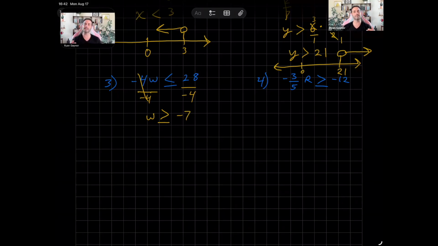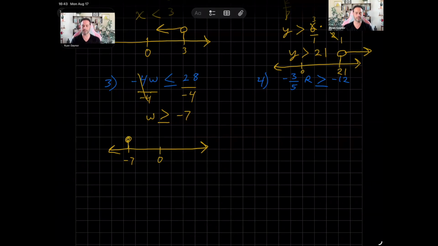So I'll say that again. If we're dividing by a negative, that means that the sign of the original number is going to change, which means the symbol, the less than or equal to, has to flip to greater than or equal to. So now we have our number line. We've got 0, we've got negative 7.